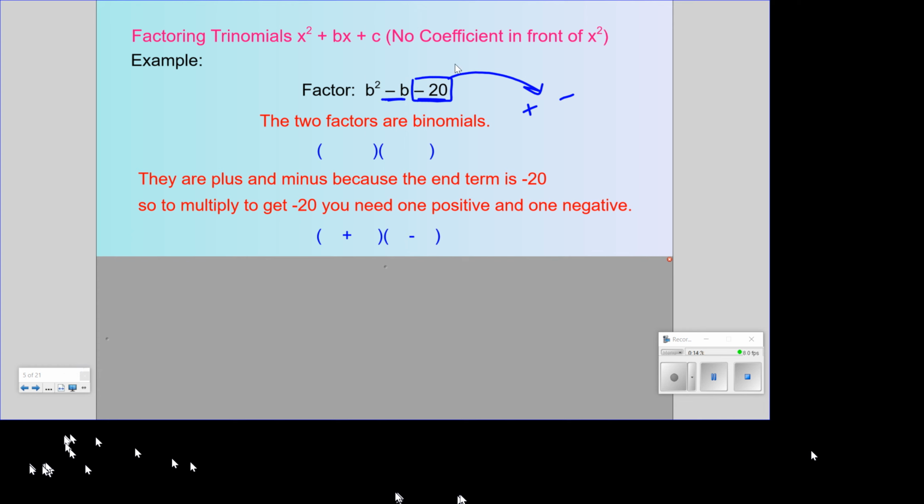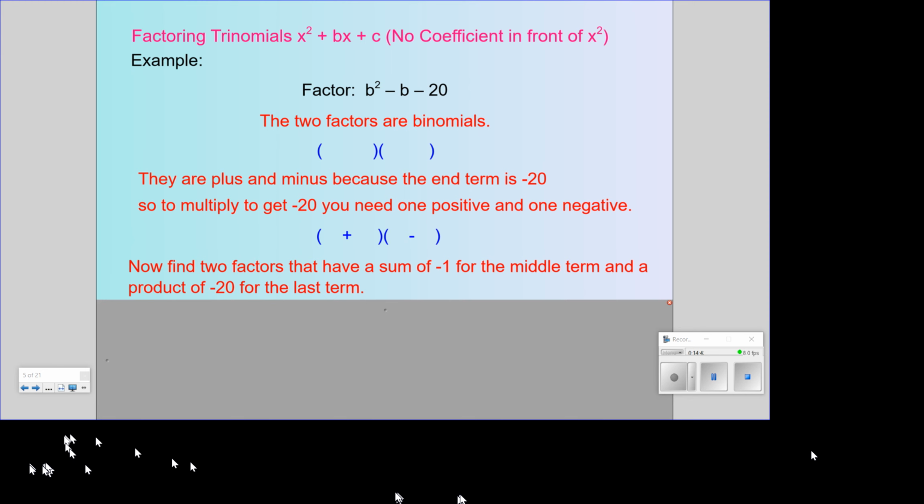After you've done this, let's go ahead and find the factors of -20 that also have a sum of -1. And you know what? Let me give you a second to think about this and see if you can come up with the pair.